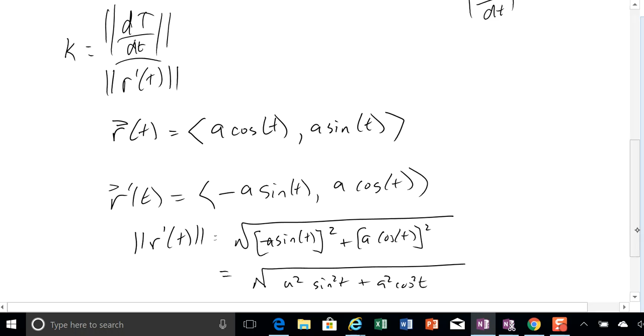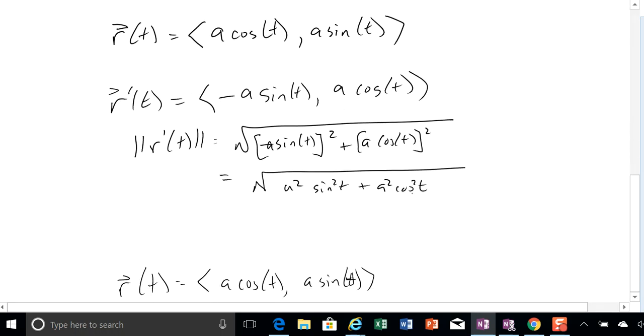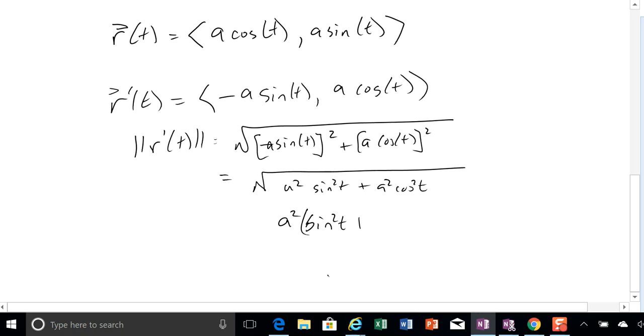And we can factor out the a squared, and we'll get the square root of a squared times sine squared t plus cosine squared t.